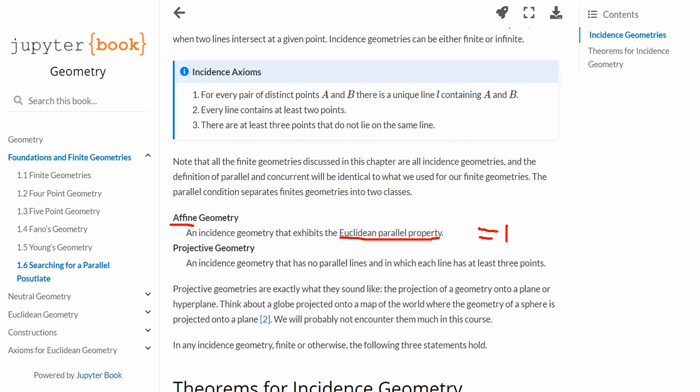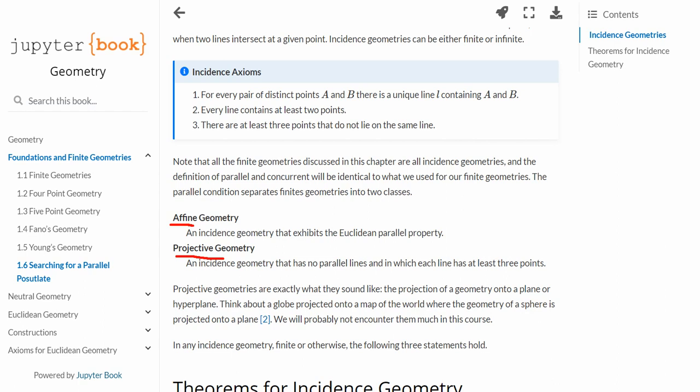We have parallel uniqueness in a Euclidean parallel property. The second type is a projective geometry. This one's interesting. It's an incidence geometry that has no parallel lines, in which each line has at least three points.